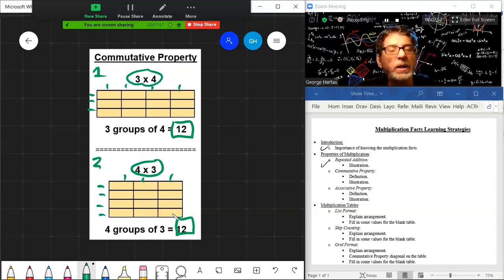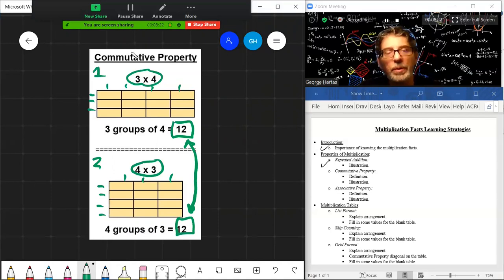So here we're saying, how many boxes do we have? How many rectangles? When we have a 4 by 3 grid, you're going to multiply 4 times 3, and you still get 12. See that? So these two are the same. Down here, we can say that there are 4 groups of 3, and that still gives us 12.